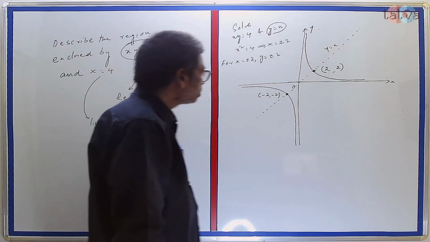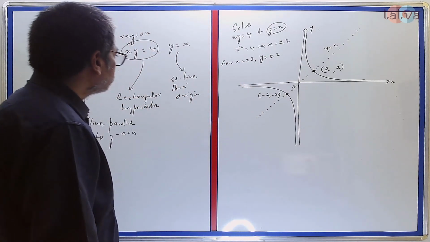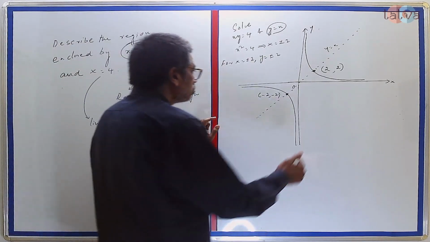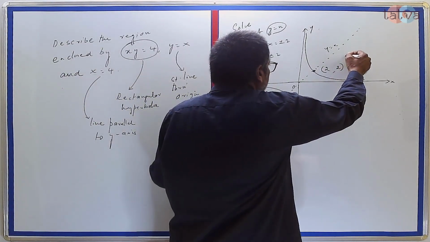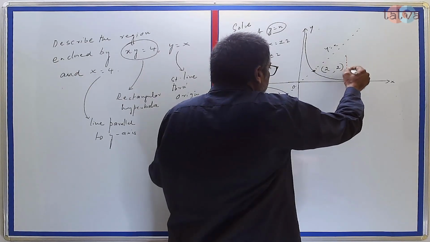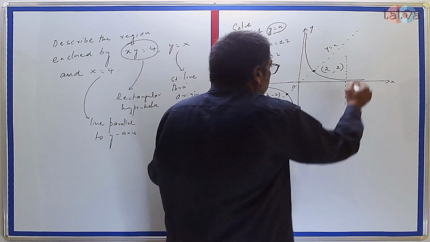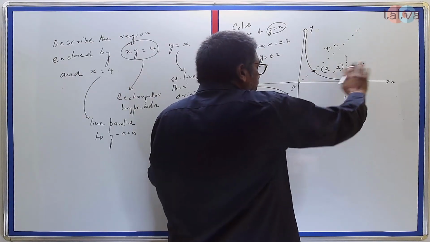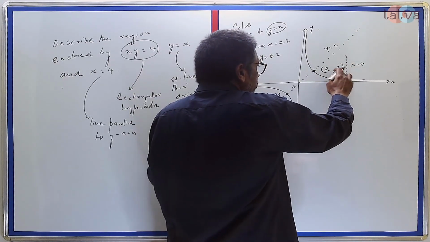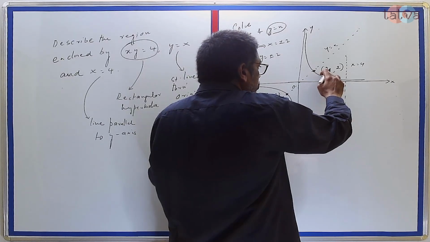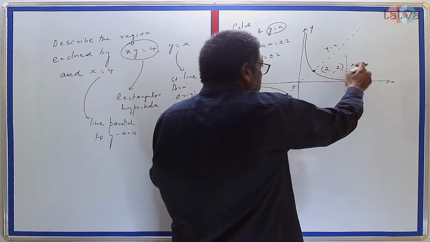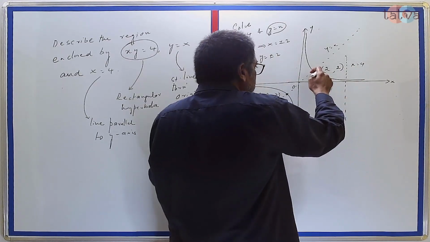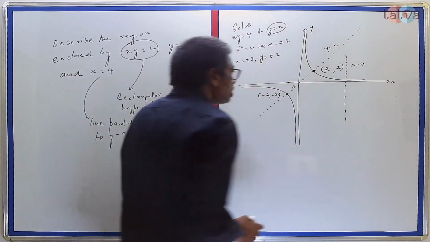Now comes the complication. x is equal to 4 is a straight line parallel to the y-axis. Clearly to the right of this intersection point, because here x is equal to 2 is the coordinate, whereas this is x is equal to 4. Therefore, this vertical line cannot pass through this intersection point.